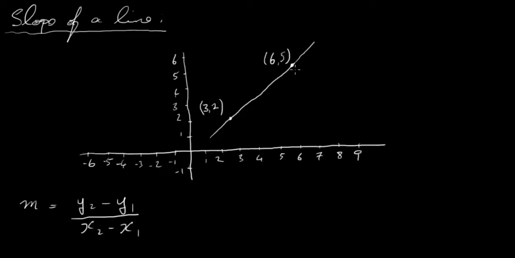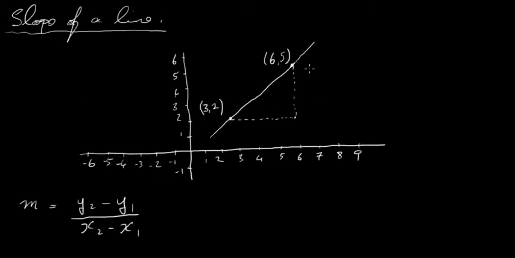So if we drop a line down along here and we make a line across here, we have a right angle triangle made from these 2 points. Now the distance from the right angle up to this point 6, 5 is going to be the difference of the two y values of these 2 points.